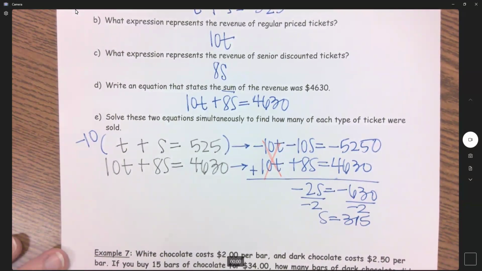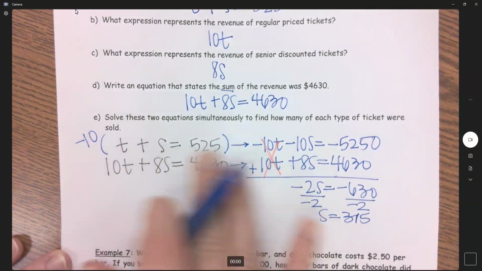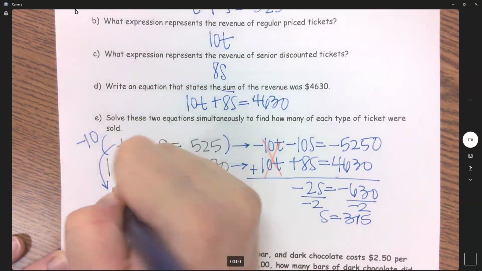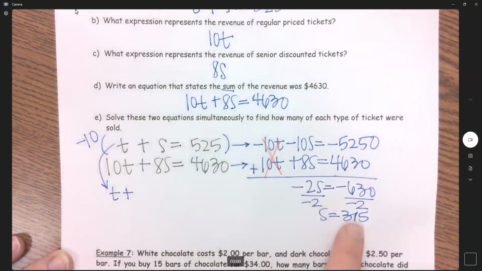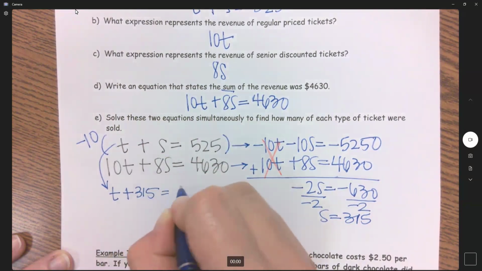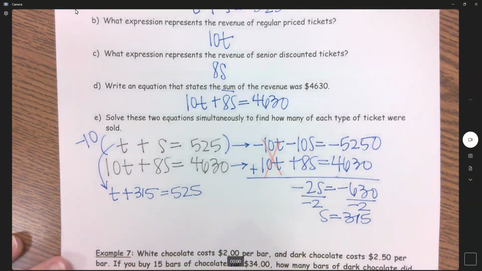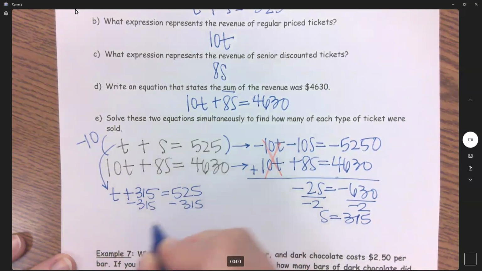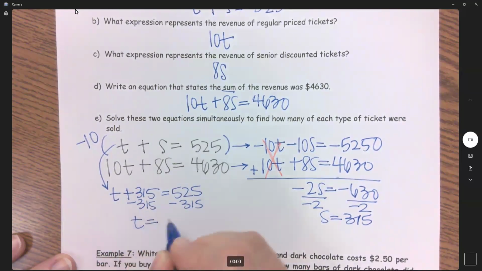And now we need to solve for T. So plug it into the bottom or the top. The top is way easier. So T plus S, which is 315, equals 525. Subtract your 315 over, and we get that T equals 210.